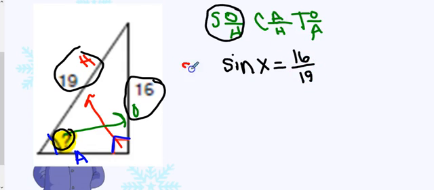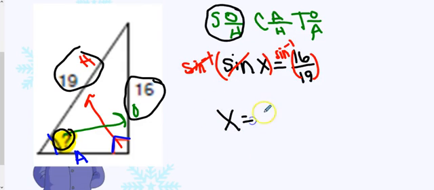And again, we're multiplying by sine inverse. So those will cancel, and X is equal to sine inverse of 16 over 19.